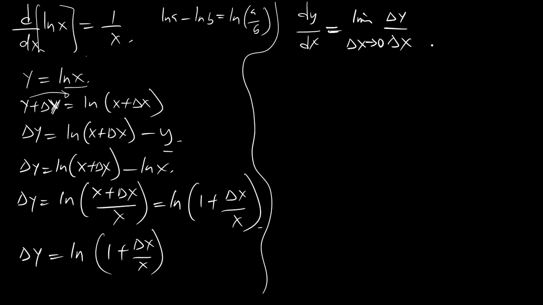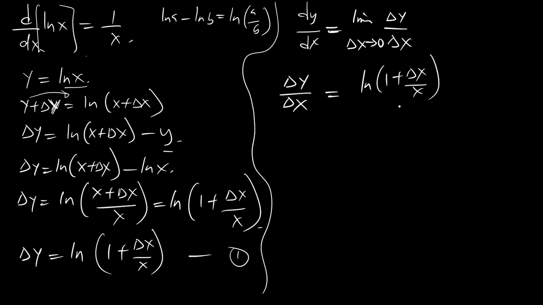Now applying this here, we divide both sides of equation 1 by delta x, so that we have delta y all over delta x equal to ln of 1 plus delta x all over x, all divided by delta x.